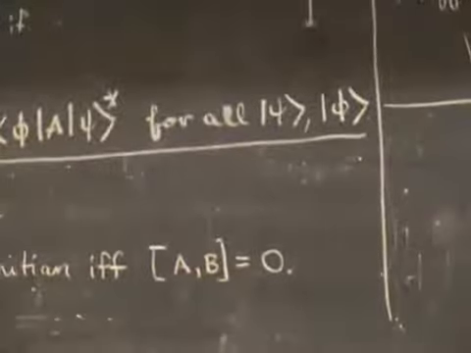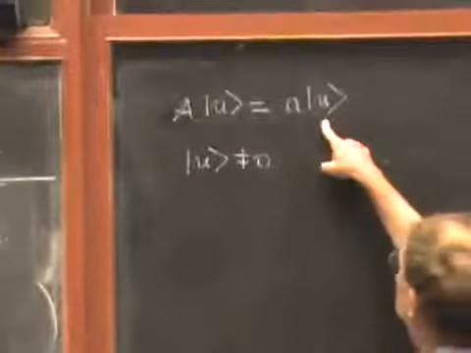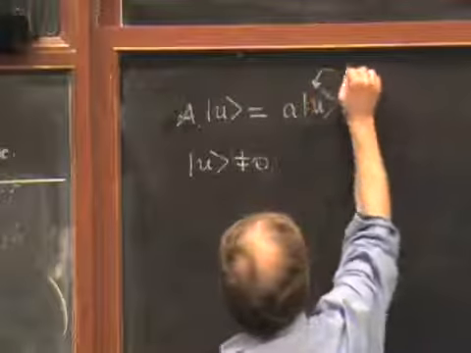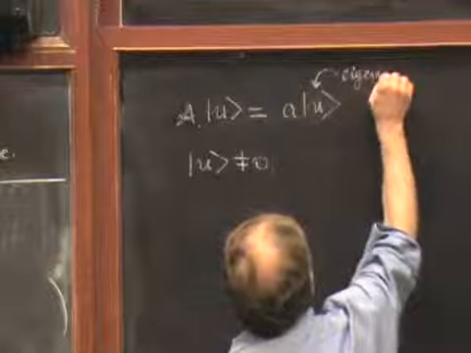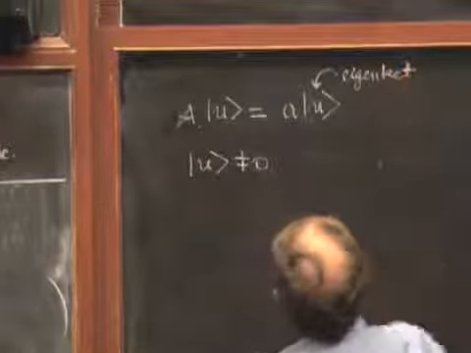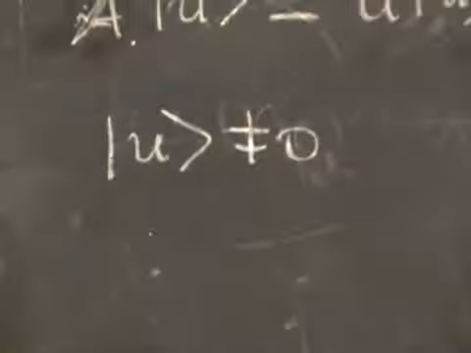Here, capital A is the operator, and lowercase a is what we call the eigenvalue, as I guess you all know. And likewise, the ket U here, we'll call the eigenket, or sometimes eigenfunctions if we're talking about wave functions, or eigenvectors. Anyway, that's the eigenket and the eigenvalue. The eigenvalue, as I mentioned, in general is a complex number. It depends on the operator A.